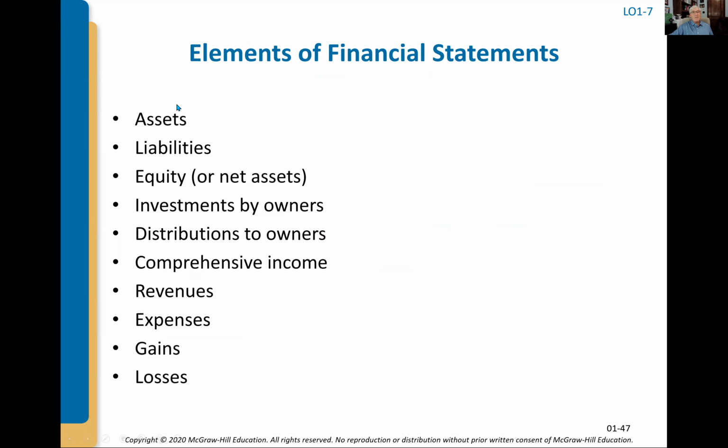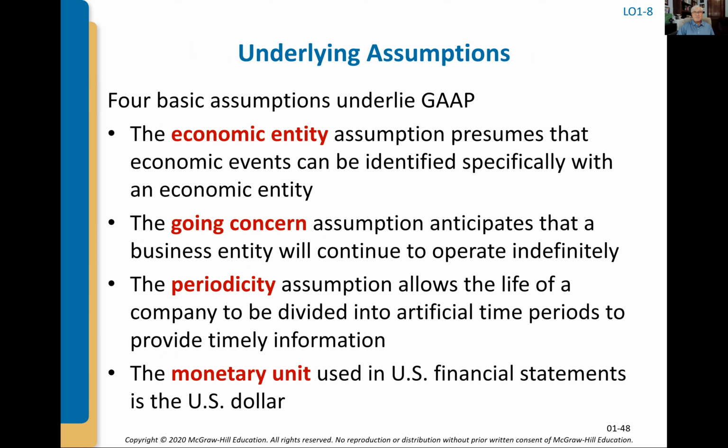What elements do we care about here? Assets, liabilities, equity, distributions to owner, revenues. These are the elements of the financial statements, and the framework surrounds these elements and how we're going to account for them. And here are 4 what we call underlying assumptions. First, we are accounting for one economic entity.